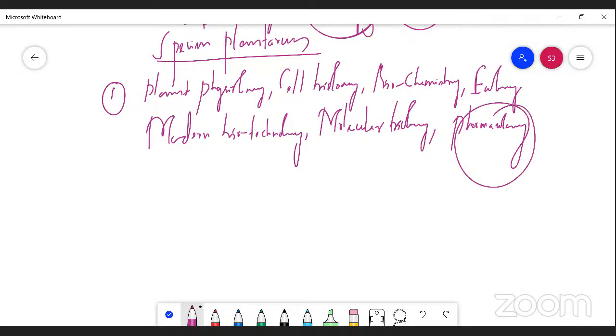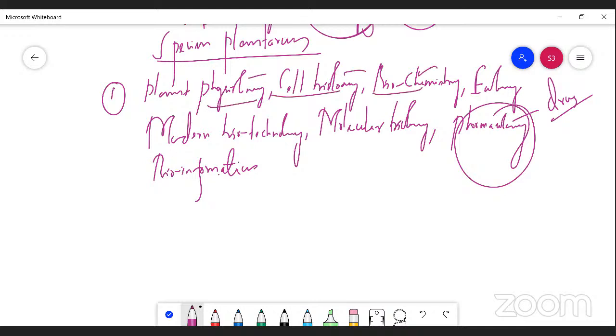What do you mean by pharmacology? The study of drugs. Then bioinformatics. So you get data from other disciplinary sciences like physiology, cell biology, biochemistry, ecology, modern biotechnology, molecular biology, pharmacology, and bioinformatics. From that, you apply the data based on the nature.